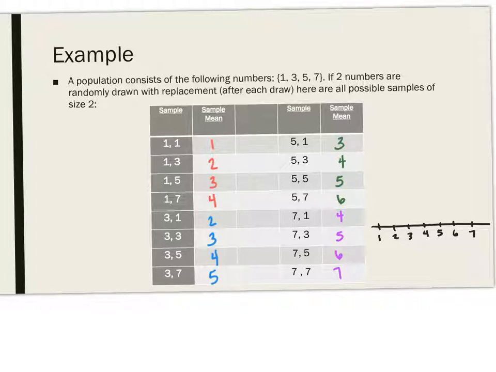And here's what we're going to have. I'm going to draw X bars over here to let you know that we're talking about the sample mean. And recall the sample mean is called X bar. So we're looking at the X bars. These are all X bars. So we have 1 X bar at 1. Then we have 2 at 2. We have 3 at 3.